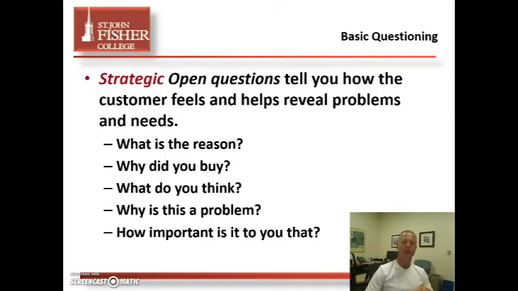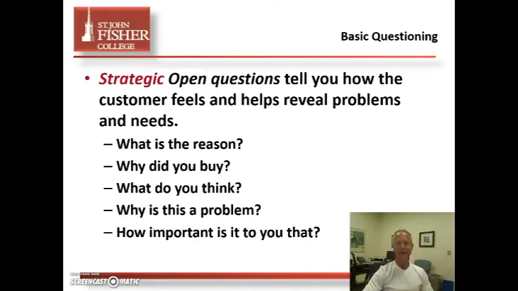We'll go with strategic first then. I thought tactical was coming up next, but we'll go with the strategic. The strategic open questions tell you how the customer feels and help reveal problems and needs. Tell me about. What are some of the? Can you explain to me how?